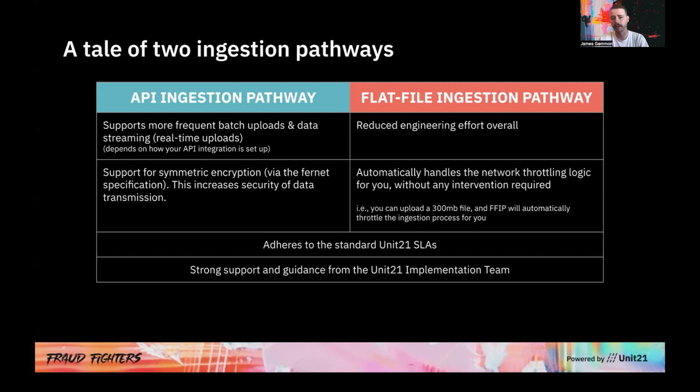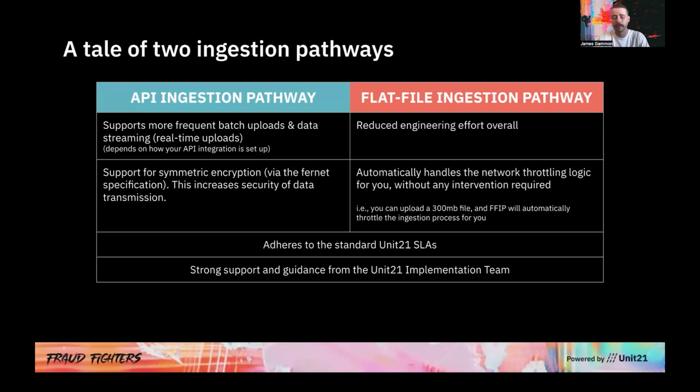FFIP generally happens more quickly. And the reason behind that, and we'll get into this a little bit later, is because realistically, your team just needs to upload a file, right? Rather than build a full pipeline that lines up with Unit21's API schema. That's the general takeaway here: APIs are great, but FFIP is also great, and it works more quickly.